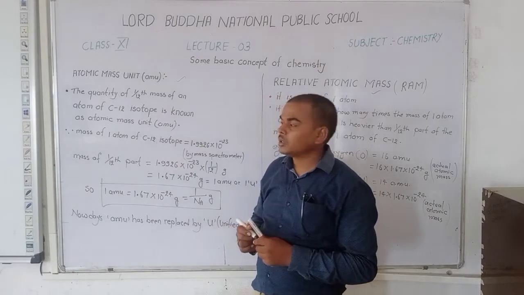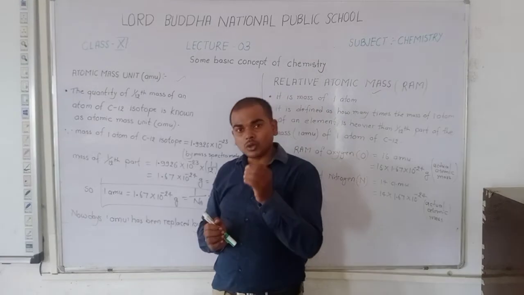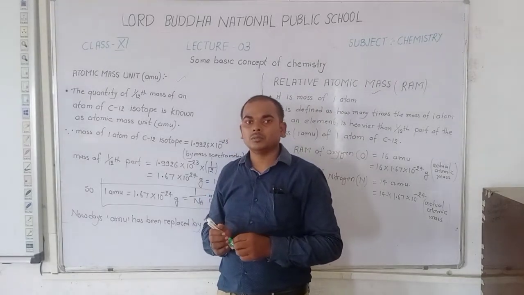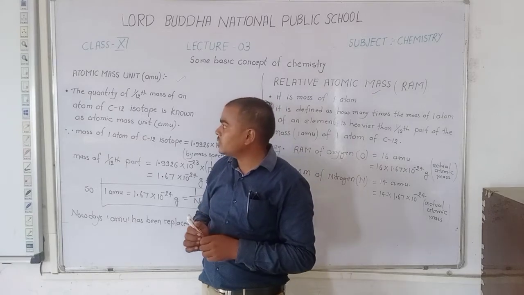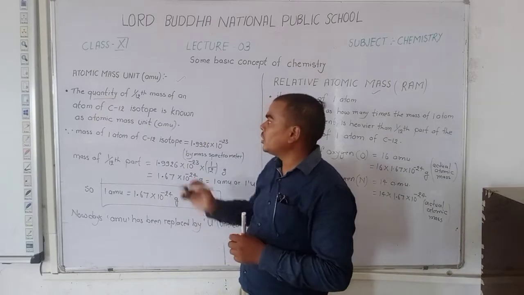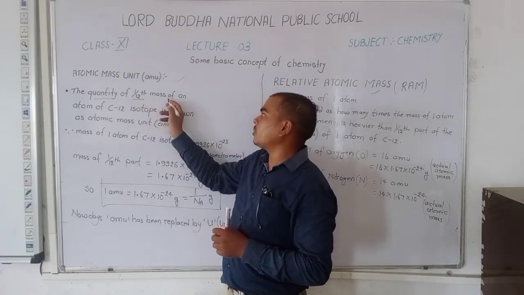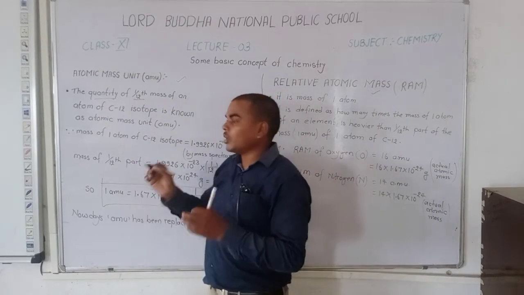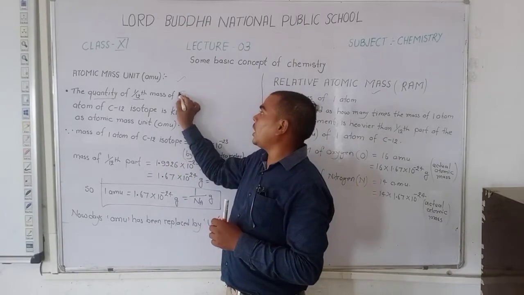Atomic mass unit is not a unit itself. It is the quantity of 1 by 12th mass of a carbon atom.